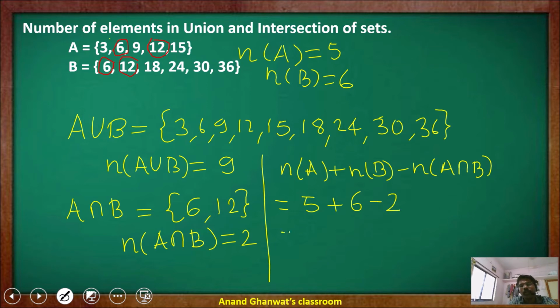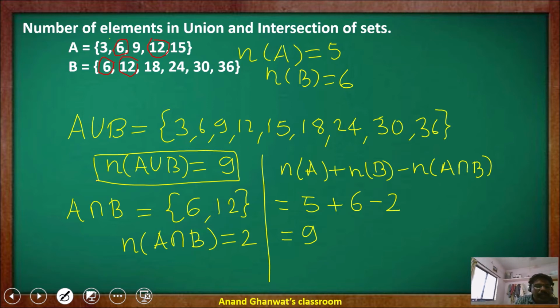Therefore 5 plus 6, that is 11, minus 2, that is 9. And we have already written that n of A union B is 9. So n of A union B is 9, and n of A plus n of B minus n of A intersection B is also 9.